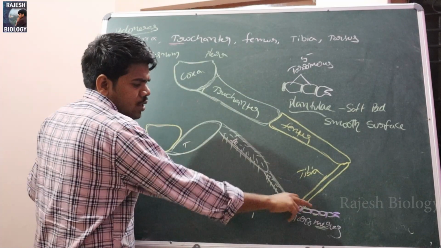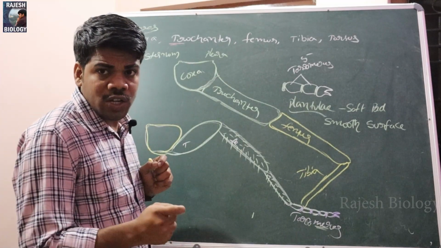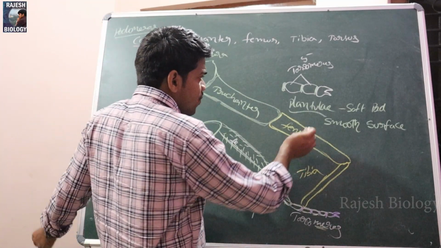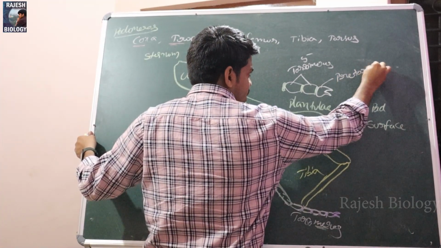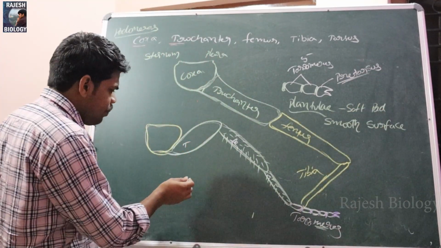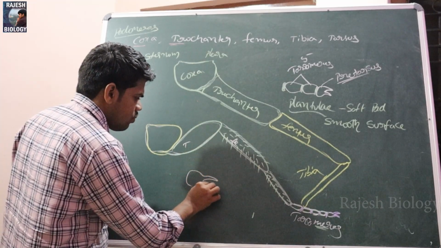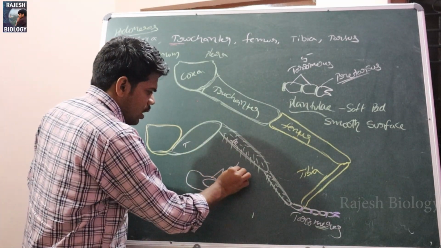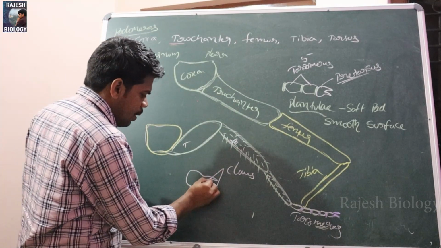Out of 5 parts, in some books they mention that only the first 4 are called tarsomeres. The 5th one is called the pretarsus. It is very special. If we take the pretarsus structure, there are 2 claws, a pair of claws.